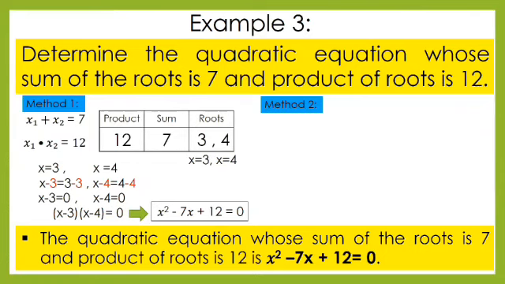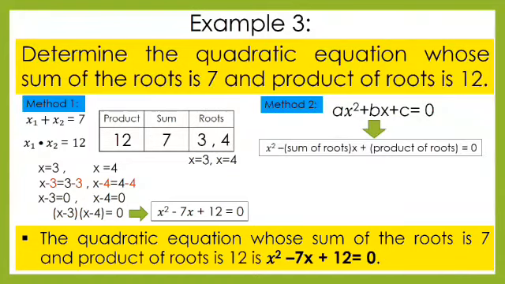Pwede nating i-represent ang standard form ng quadratic equation gamit ang sum of the roots at product of the roots as ax squared plus bx plus c equals 0 into x squared minus sum of roots x plus product of roots equals 0. This equation will be used in determining the quadratic equation given the sum of the roots and product of roots.